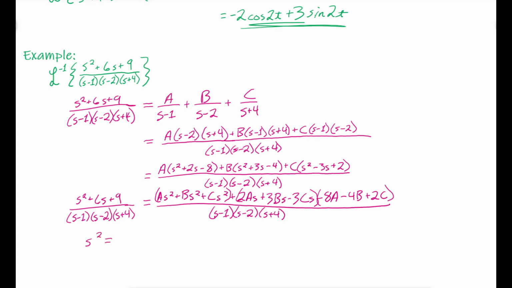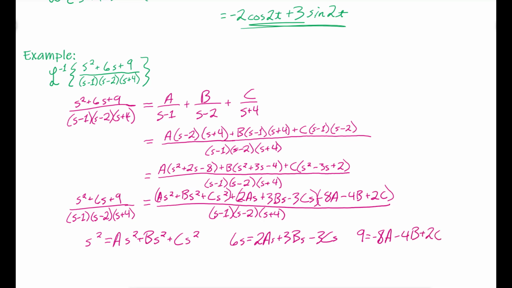So s squared is going to equal as squared plus bs squared plus cs squared. 6s, my s term on the left-hand side, is going to equal 2as plus 3bs minus 3cs. And my constant term on the left-hand side, 9, is going to equal negative 8a minus 4b plus 2c.